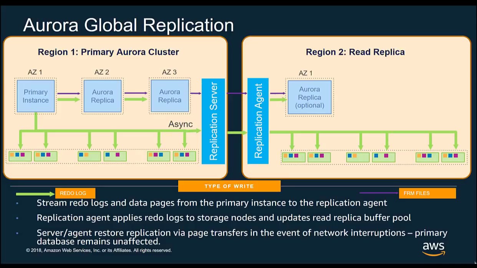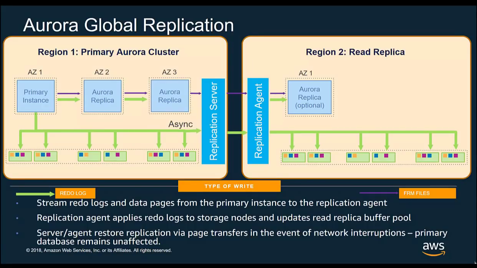It's exactly the same. The main difference is that that record is also going to be written out to a replication server. It's called a replication server in this diagram, but don't think of it as a single instance. Think of it more as an endpoint that is highly available and highly durable.